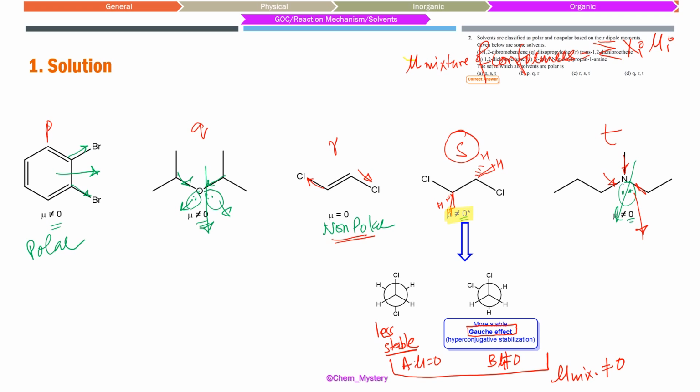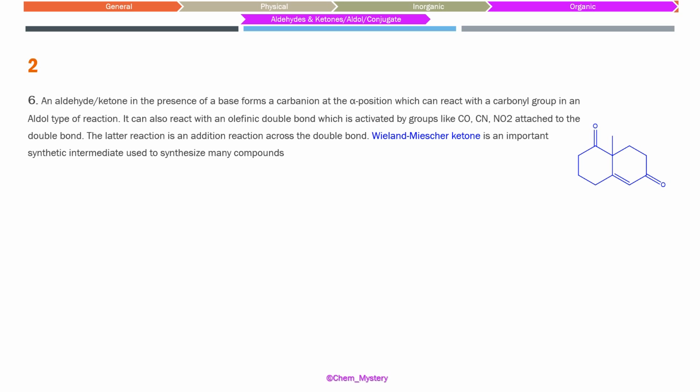Going to question number 2. We have been given here this one compound which we have to synthesize. This is basically some bicyclic compound having 2 ketonic groups and 1 unsaturation. We were asked how this compound could possibly be synthesized. We call this compound Wieland-Miescher ketone, and we have been given some options. Pairs of compounds have been given.